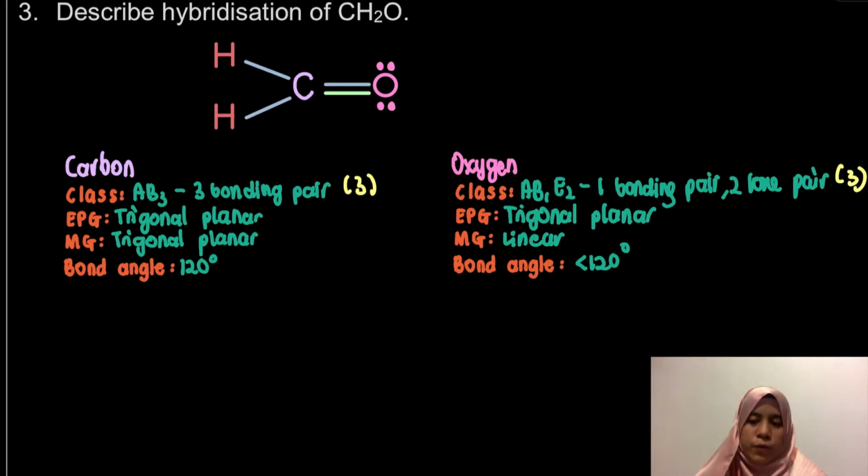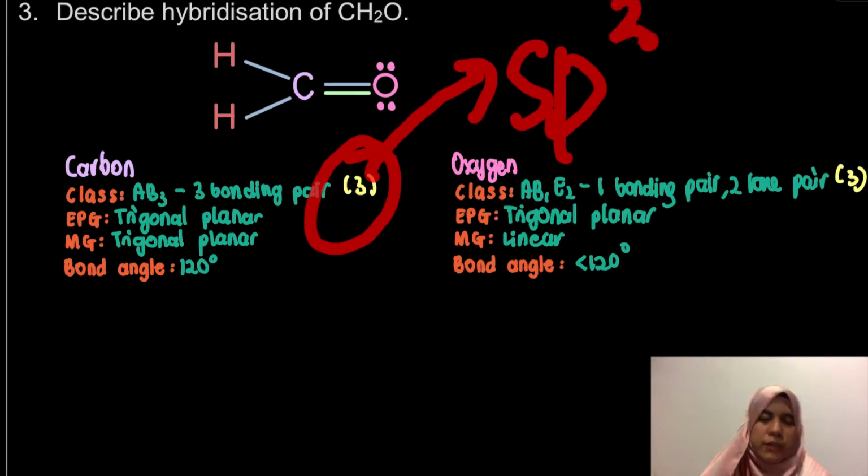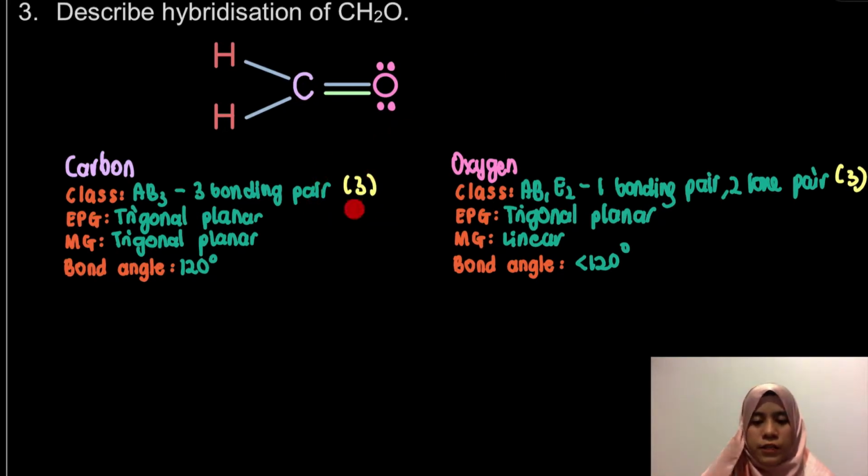So the next step is to determine the hybridization. If it is 3, is it sp3? It does not mean that. If it is 3, we count: 1s, 1p makes 2, and with 2p orbitals we have 3.